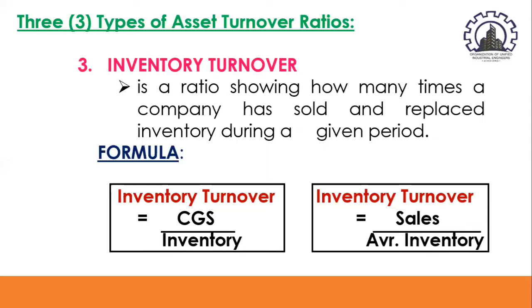Now, we have two options in calculating the inventory turnover ratio. First, we have cost of goods sold all over inventory, or we can also use sales all over average inventory. Now, in order for us to better understand inventory turnover, let us have an example.